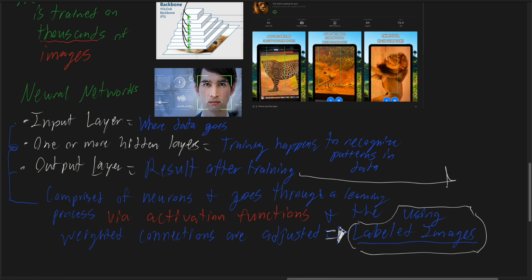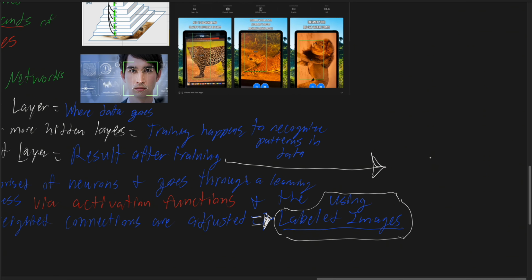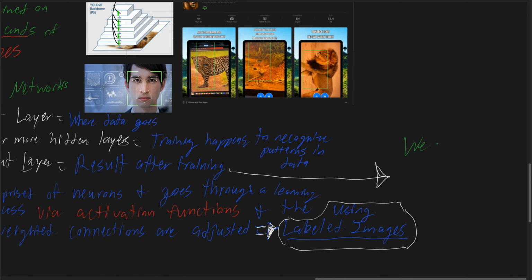So after the result of the training, we're going to get a vector of values that uniquely identifies the face in the image.